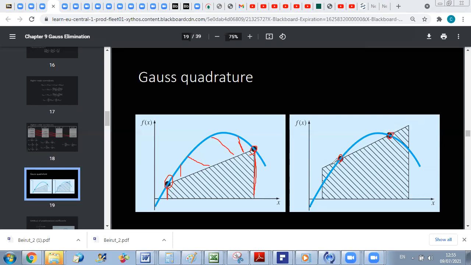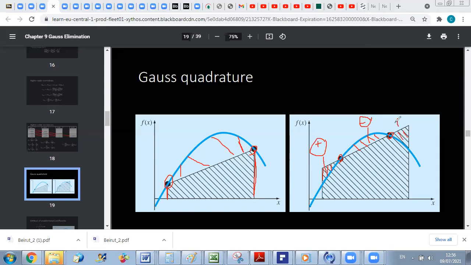Here, for example, I am overestimating the integral, so I will have a larger value for the estimation. While in this part, I have an underestimation of the value, so here I will have a lower value for the estimation. So here it's minus.